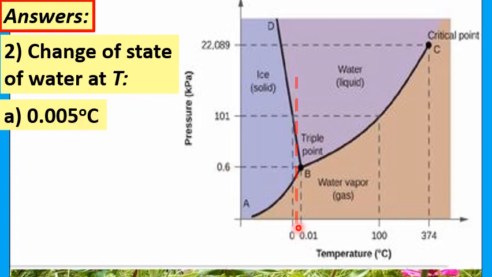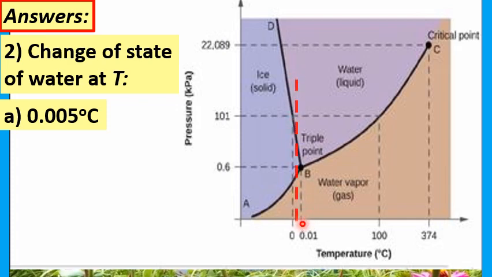So in the figure that's now being highlighted by this broken line, we estimate that that temperature is somewhere here in the temperature axis.